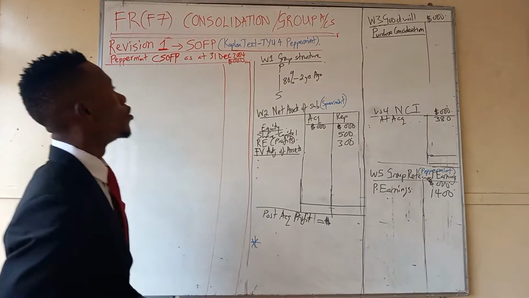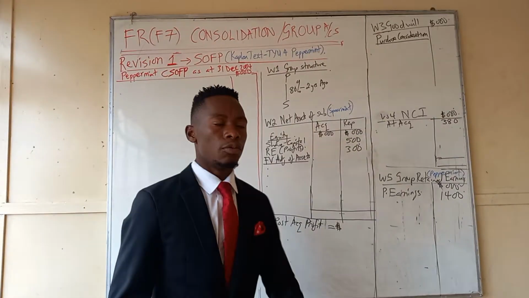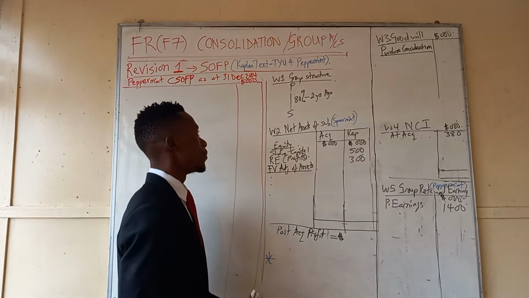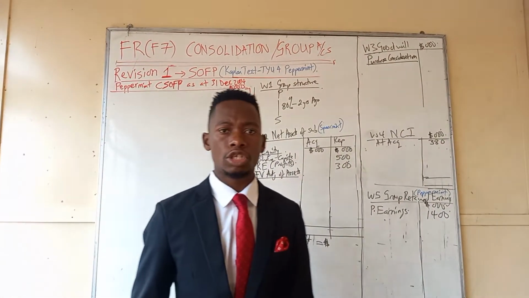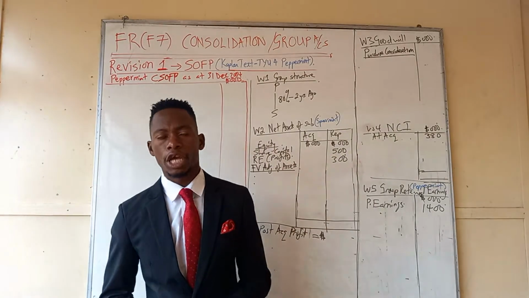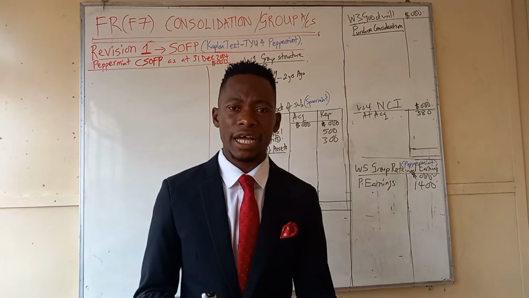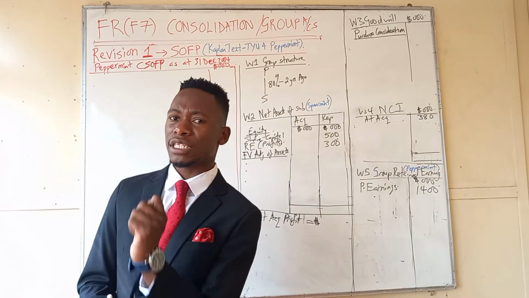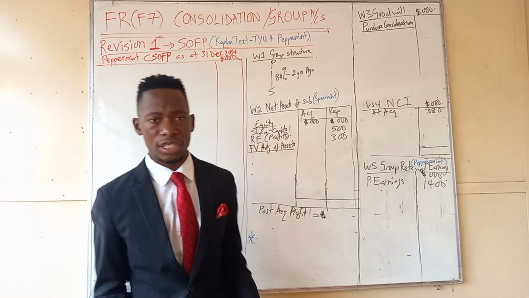In the Kaplan textbook, we are looking at test your understanding number 4, Peppermint. We have Peppermint and Spearmint. These are the workings that you must master. In working 1, you calculate the group structure. You need to know the percentage invested by the parent, which is very important, and the date of acquisition.